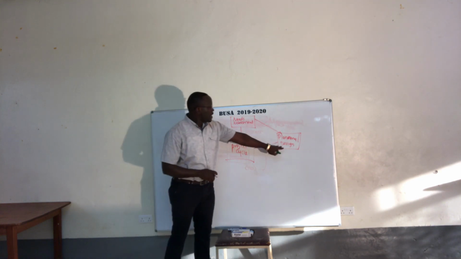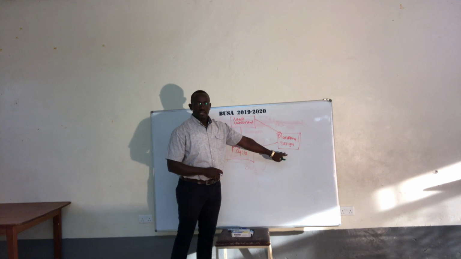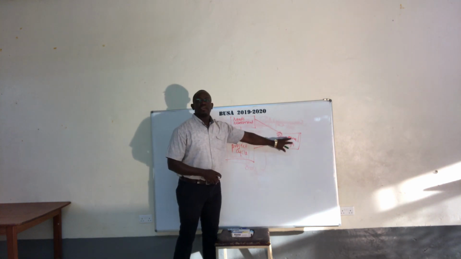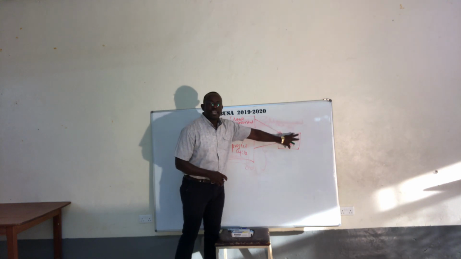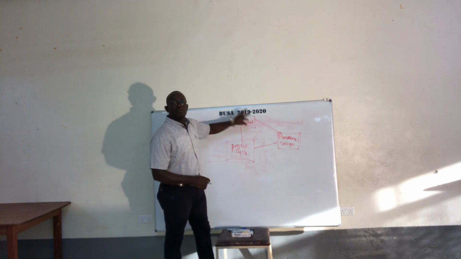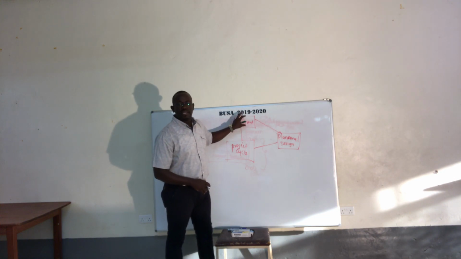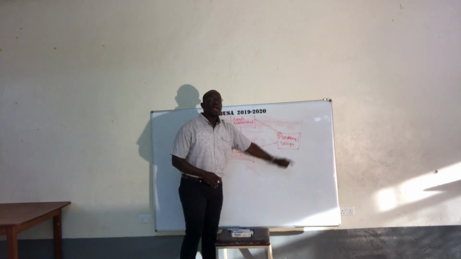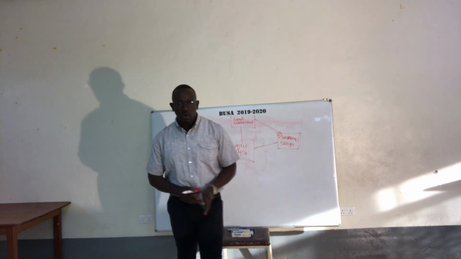If you have a problem or a challenge in the planning, I don't work on it here. I come back to the needs assessment and look at the results of my needs assessment. It is that result that will help me plan and design accordingly.